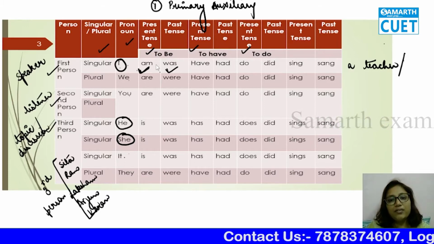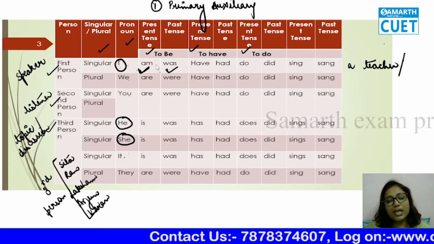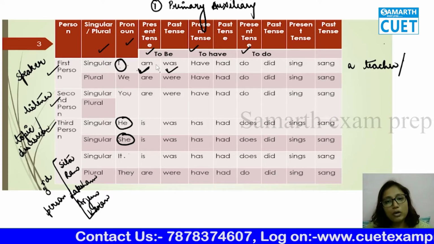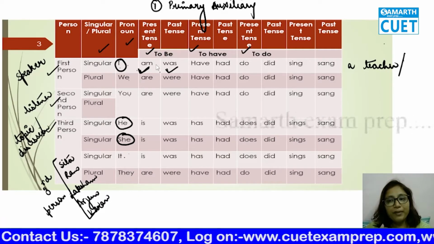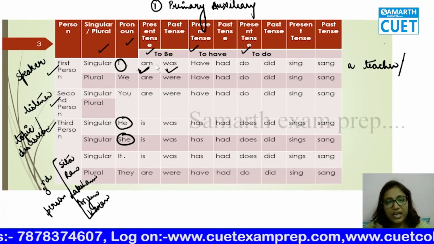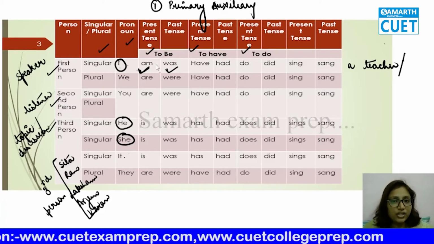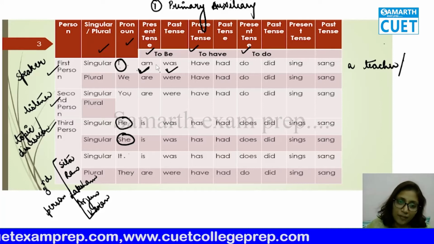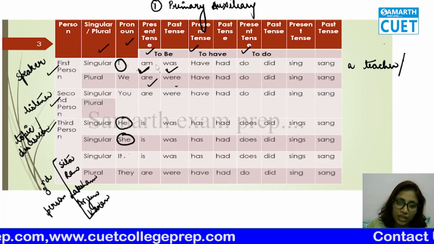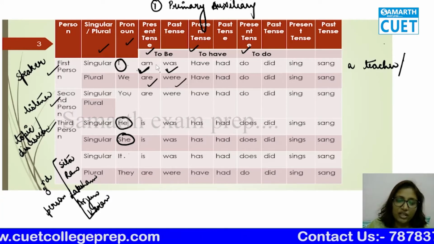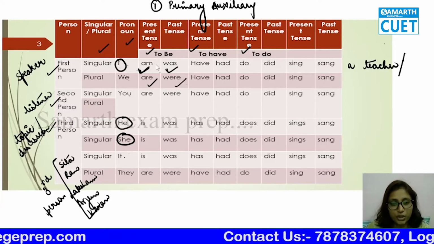Then again, if I am talking about first person plural, a group of teachers where I am also involved, I'll say we are teachers. And we were teachers. Again, the same thing: with we, are and were are going to be used.